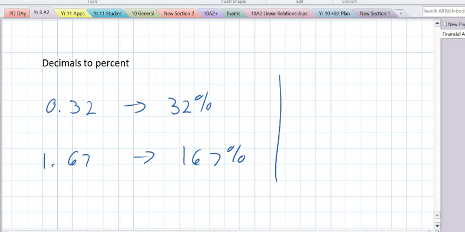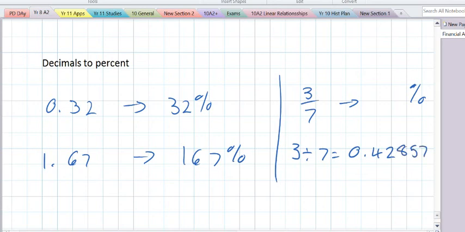What if we had 3 over 7 to a percent? Good. 3 divided by 7 will get us a decimal. 42.857.